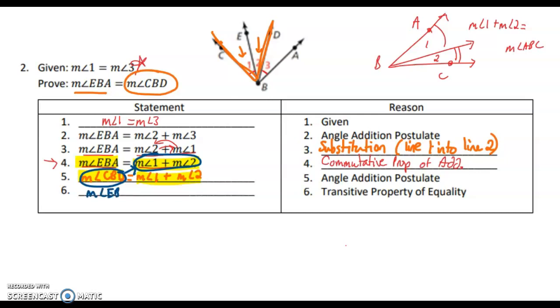So that'd be EBA equals CBD, which is what I'm going for. You always end when you've proven this statement. So you could say transitive property, but honestly, you could also say substitution. I could see it working either way.